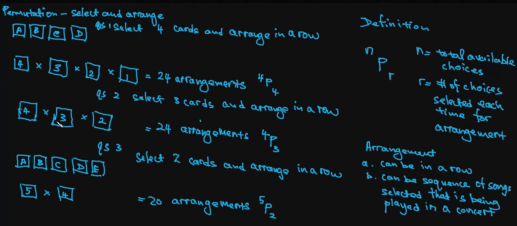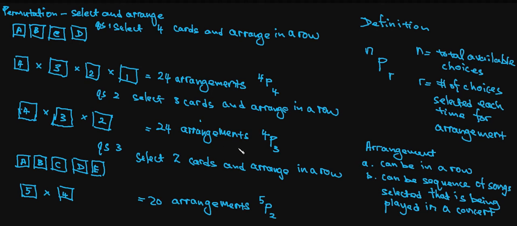So you get 4. For the second empty slot, you can choose from 3 cards, because one of the cards has been put at the first slot. Then similarly, for the third slot you have a choice of 2. After this, you still have 1 card remaining, not chosen. So with the same reasoning, 4 times 3 times 2, you have 24 arrangements.